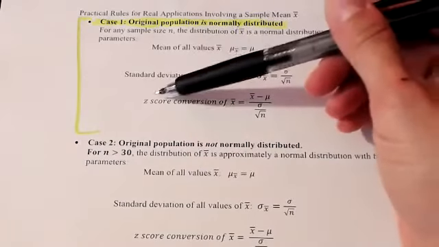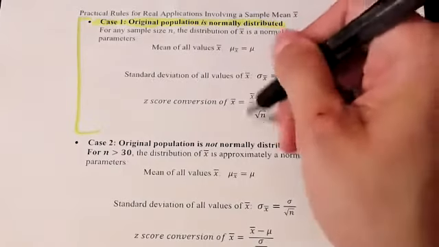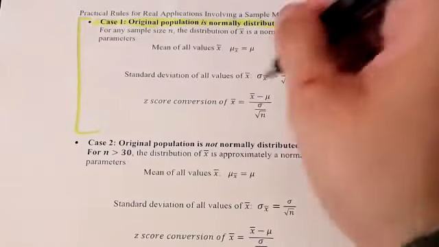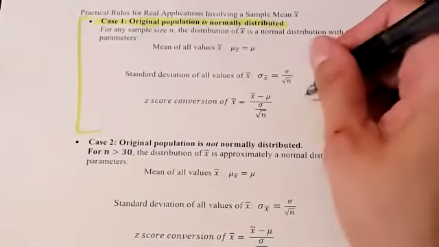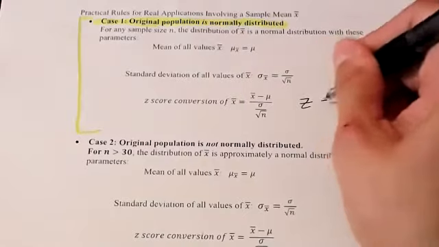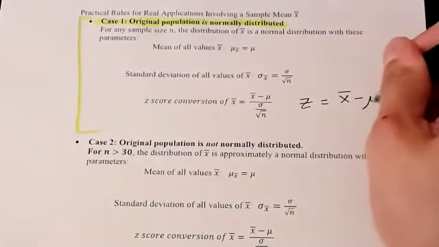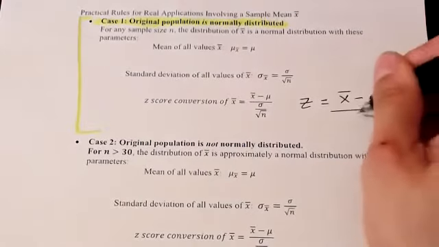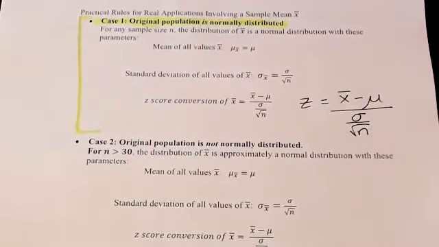Next, if you want to calculate the z-scores for that sample mean, you're going to use the following formula. So I'm going to rewrite this because that might be confusing the way that it's written here. Our formula is that the z-score is equal to x bar, the sample mean, minus the population mean, divided by the population standard deviation divided by the square root of n, n being the number of values in your set.